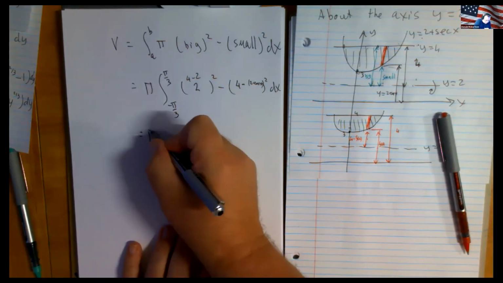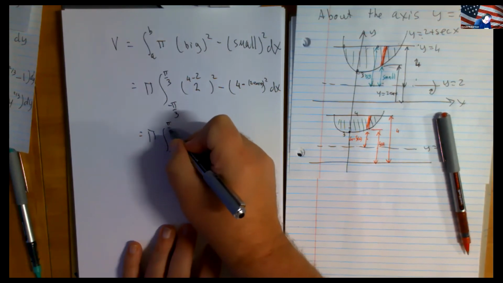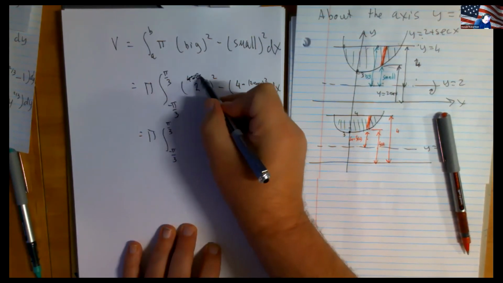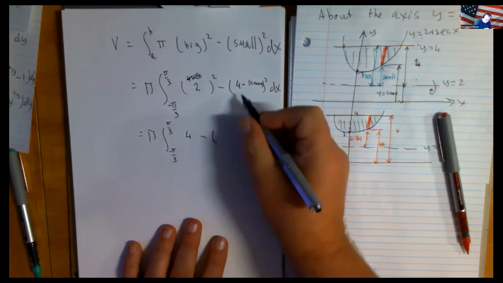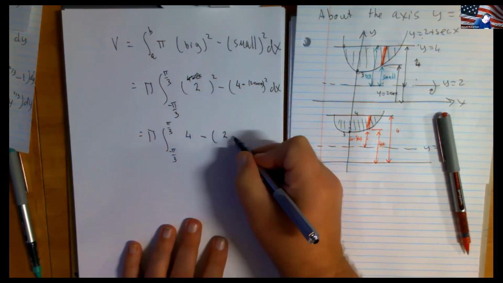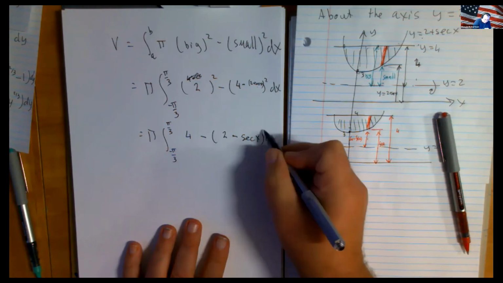If I pull, well, I've already done that part. That's 2. So 2 squared is 4. 4 take away that gets you 2, take away secant x all squared.